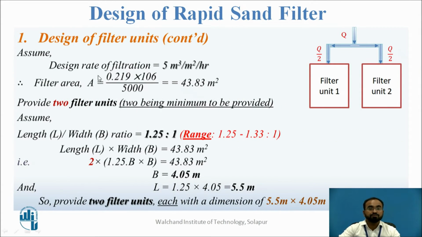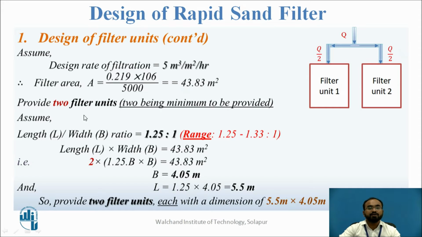Now we have to assume the rate of filtration for the design. It will come towards 5 meter cube per meter square per hour. We can take up to 6. So the filter area will be 0.219 multiplied by 10 raised to 6 divided by 5000, which comes to about 43.83 square meters.